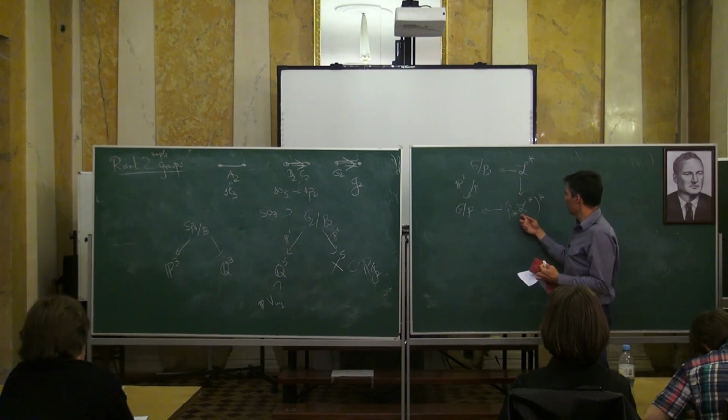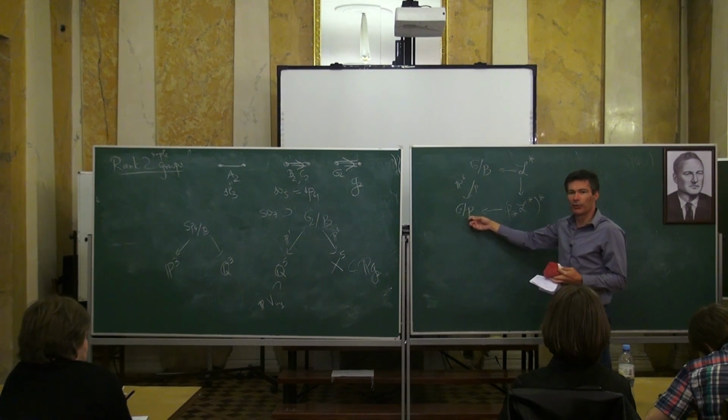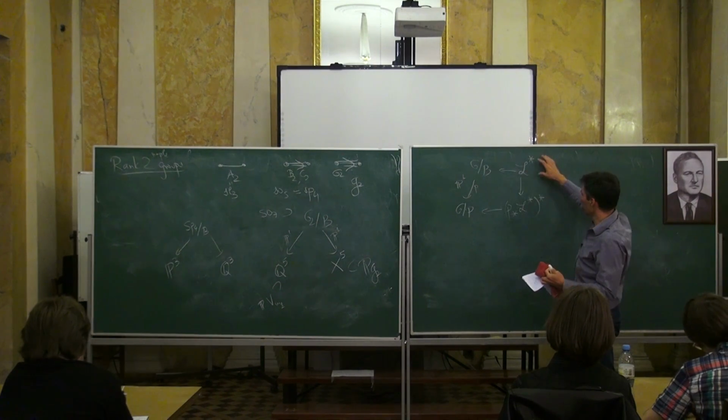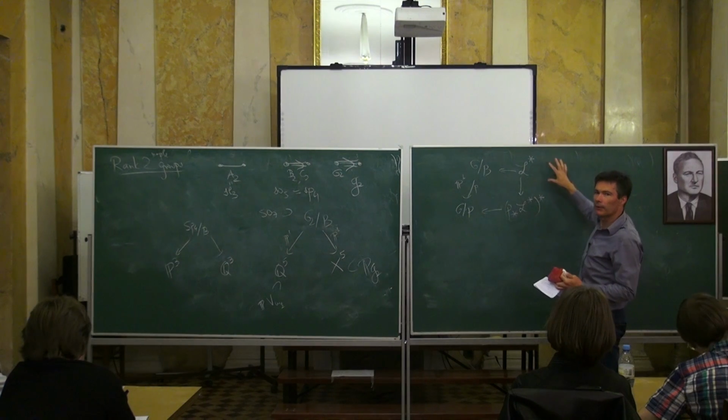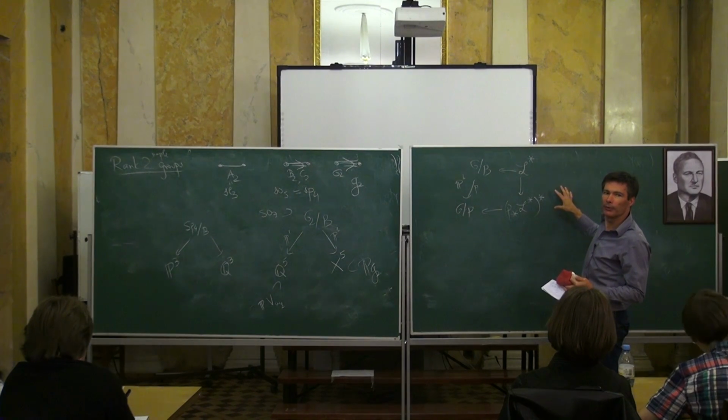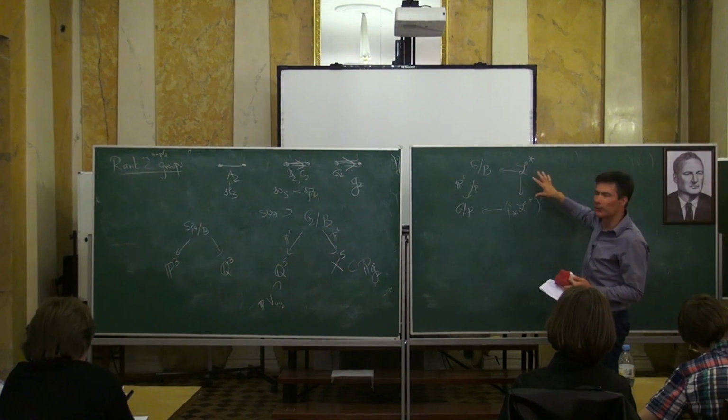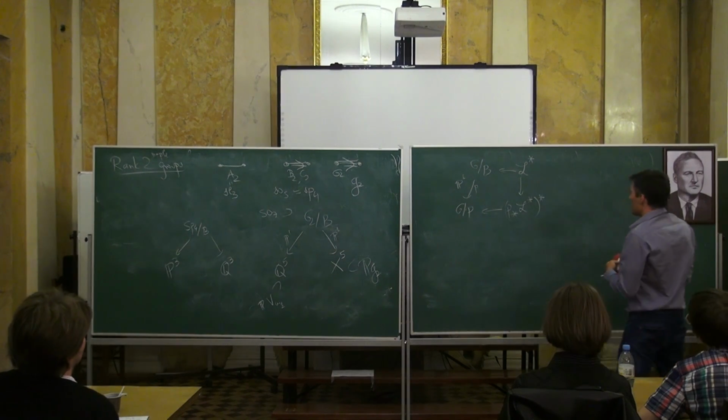So a second. What is this? This is a space of sections over fibers. So here I take a point and I evaluate a point on a section. So this gives me this map. There's a natural map here.